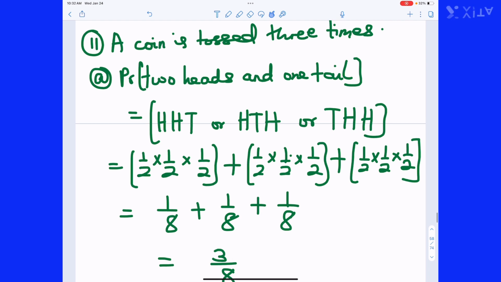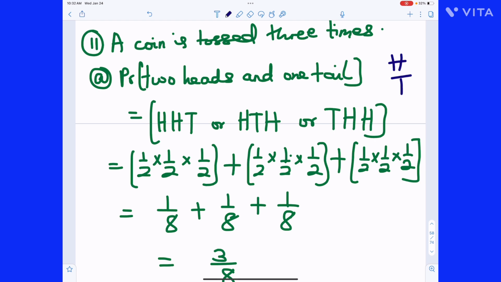A coin is tossed 3 times. Find the probability of getting 2 heads and a tail. A coin only has 2 possible outcomes, head or tail. Probability of getting a head is 1 over 2. Probability of getting a tail is also 1 over 2.